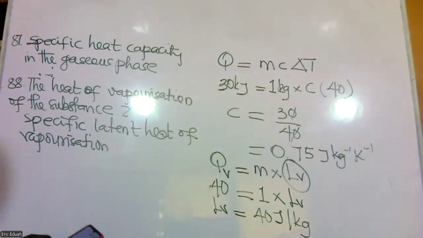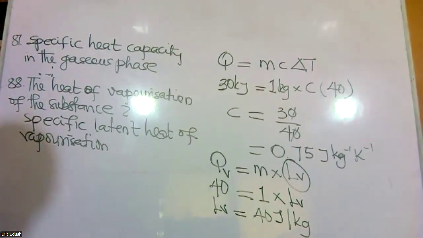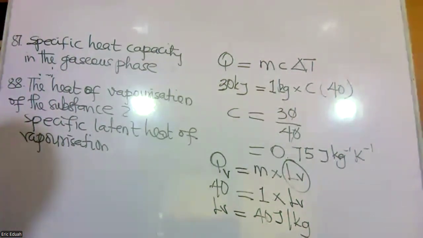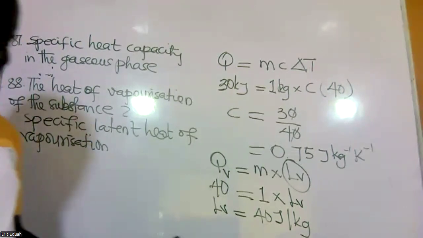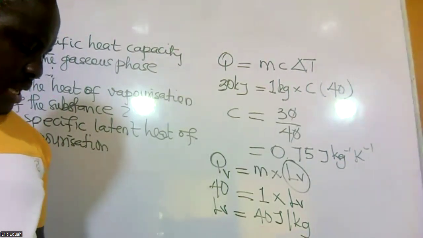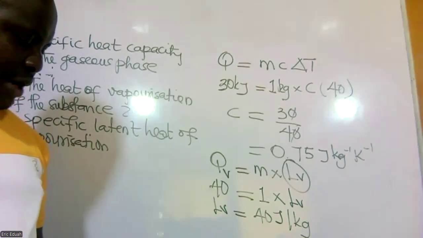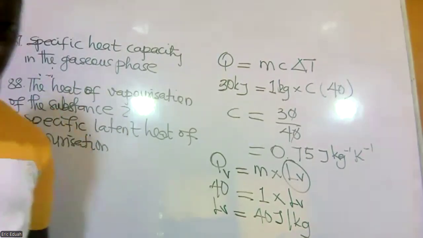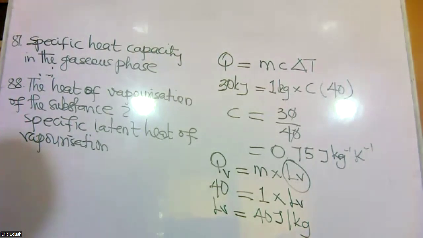Okay. 89. What is the physical state of the substance at a temperature of 120 degrees Celsius? So go and look at the graph.